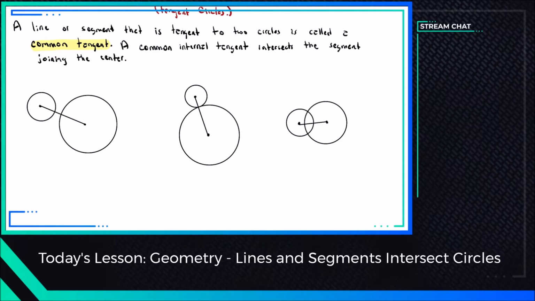So real quick, we're going to draw our external segments with blue, and our internal tangents are going to be red.